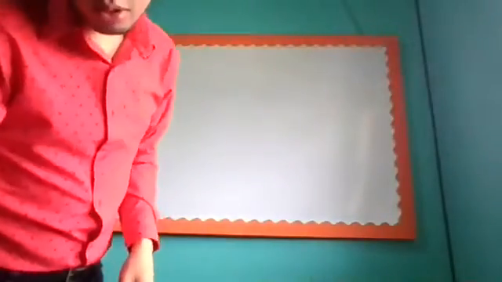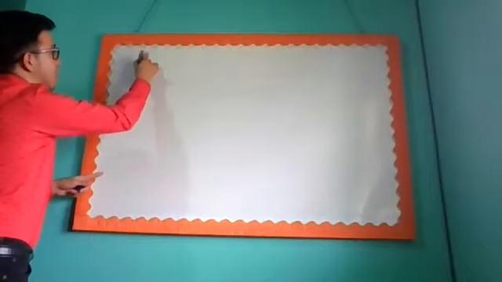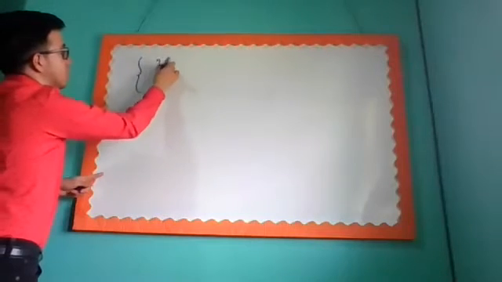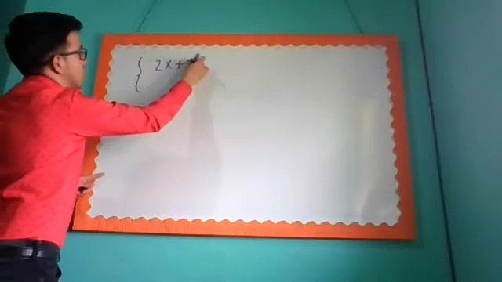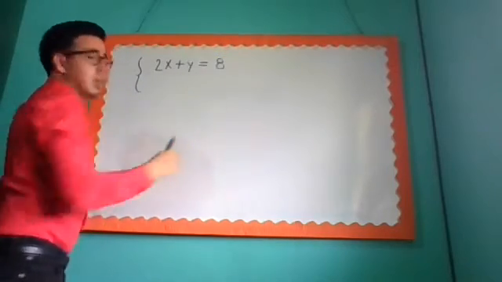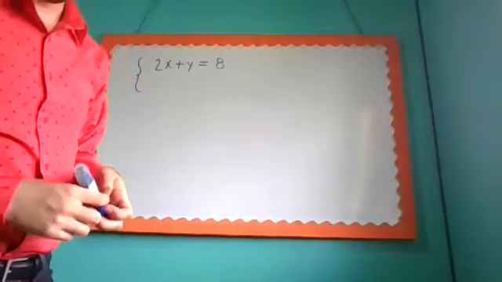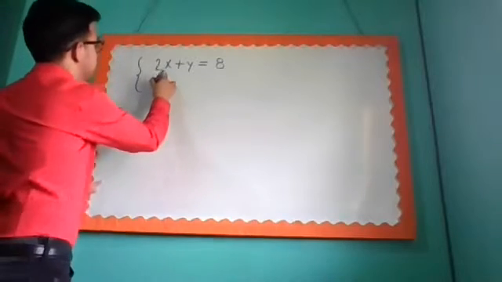Step 1 and 2, okay, then we have 2x plus y equal 8. Remember, we write the system of equations. 2x plus y equal 8, and for the other, you have 4x minus y equal 4.